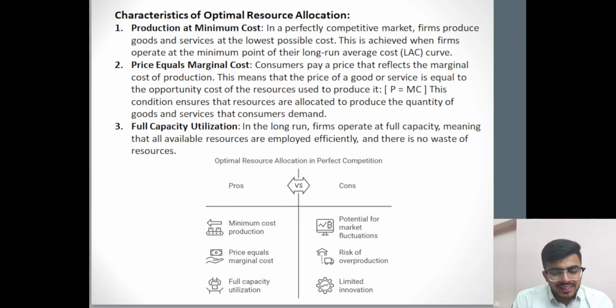The market adjusts dynamically to maintain allocations, and there are some characteristics of optimal resource allocation: production at minimum cost, price equals marginal cost, full capacity utilization. And there are also some cons of optimal resource allocation, which are the potential for market fluctuations, risk of overproduction, and limited innovation.